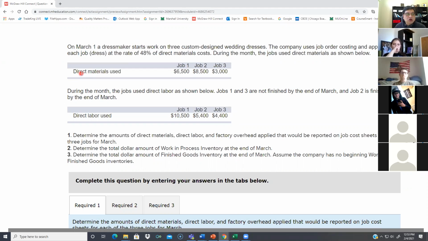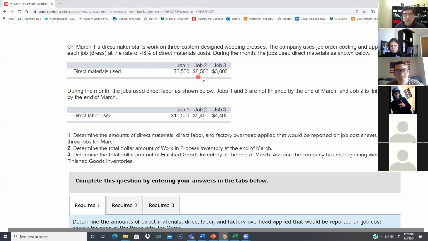So you've got 3 jobs, direct material used, right? So can you find the applied overhead on this? What will be the applied overhead for job 1? $3,120. That is 6,500 times 48%, right? Yes.